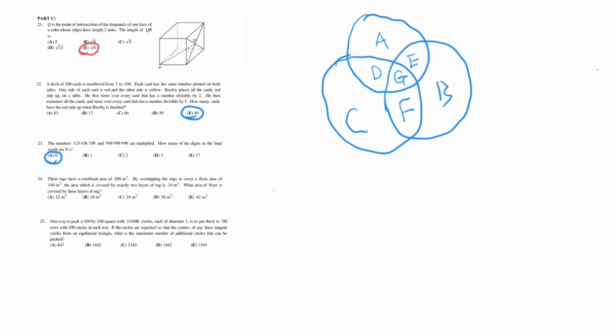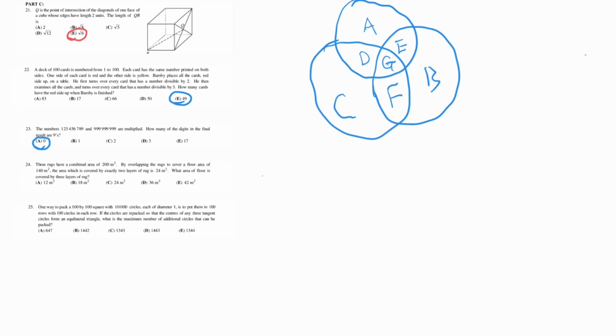So they told us the 3 rocks combined, the area is 200 meter square. So that means A plus D plus G plus E, that's this rock.